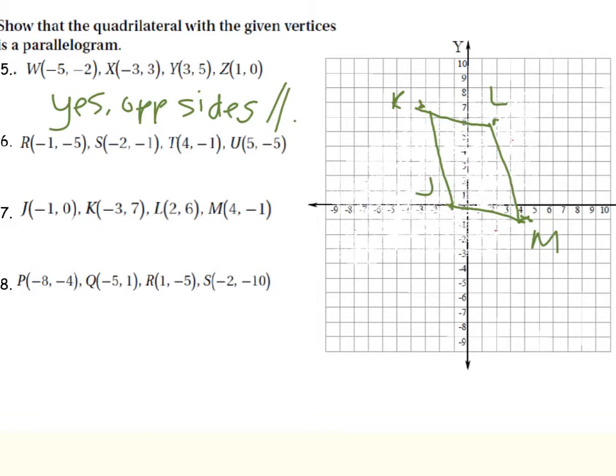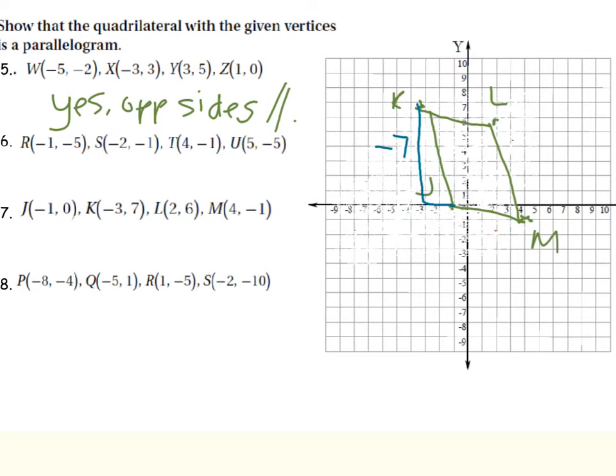Okay, so if I'm trying to prove this is a parallelogram, we've got all those properties. We can test those too. However, I'm just going to go by the definition that the opposite sides are parallel because I can find the slope of my points. So I'm going to check the slope of each of my lines. So on K, I'm starting at 7 and I've got to go down to 0.